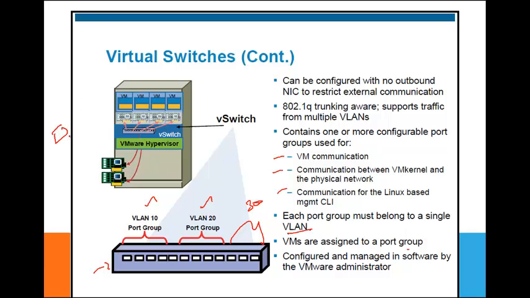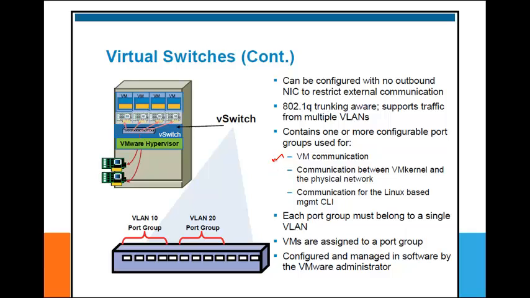No ports. There is no port for the internal communication to happen, because if you have multiple V switches, they need to communicate from one V switch to another V switch. So there is no port actually.